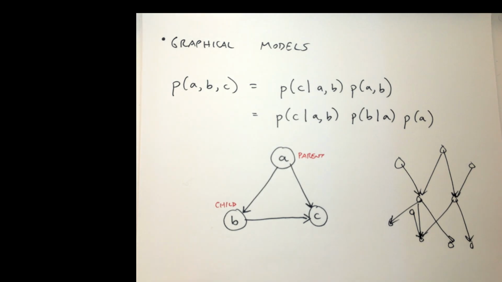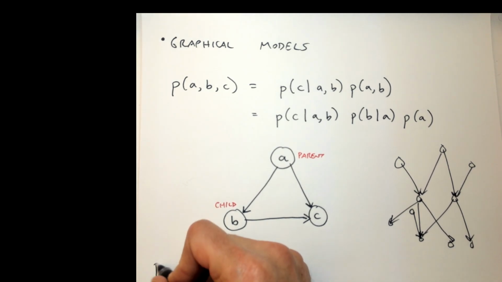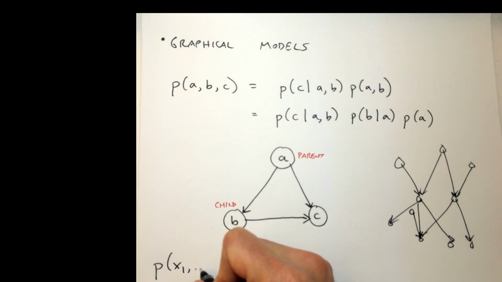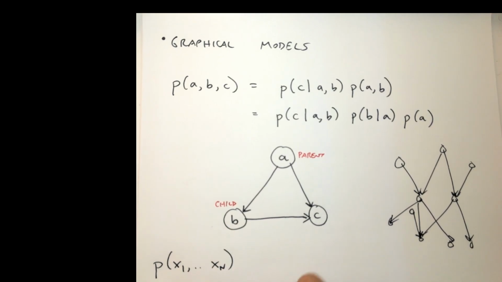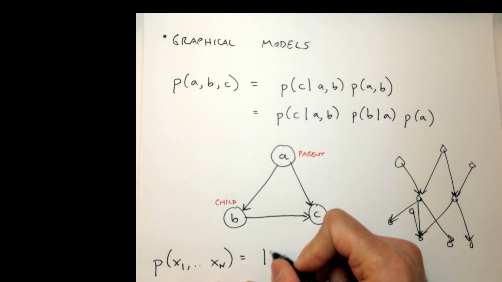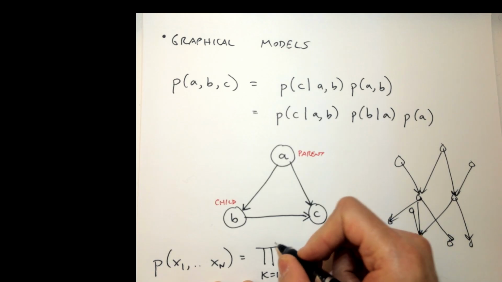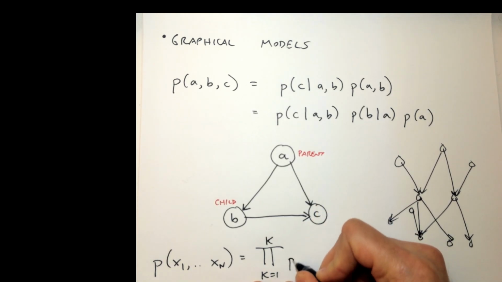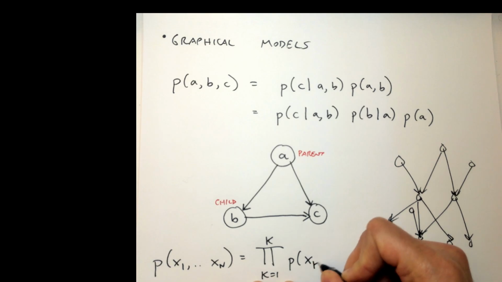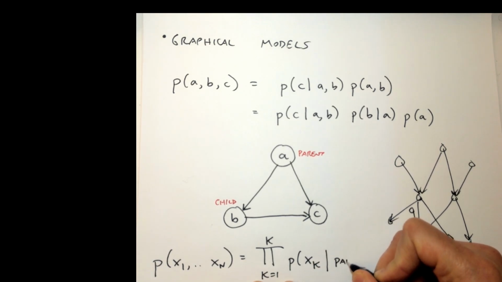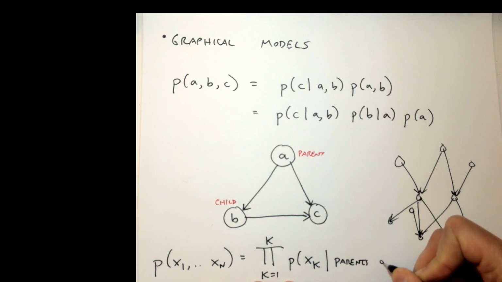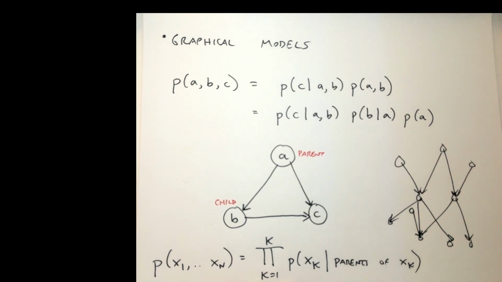And so overall, I could represent the probability distribution of any set of variables as the product over all k of the conditional probability of x_k given the parents of x_k. That's what I did here.